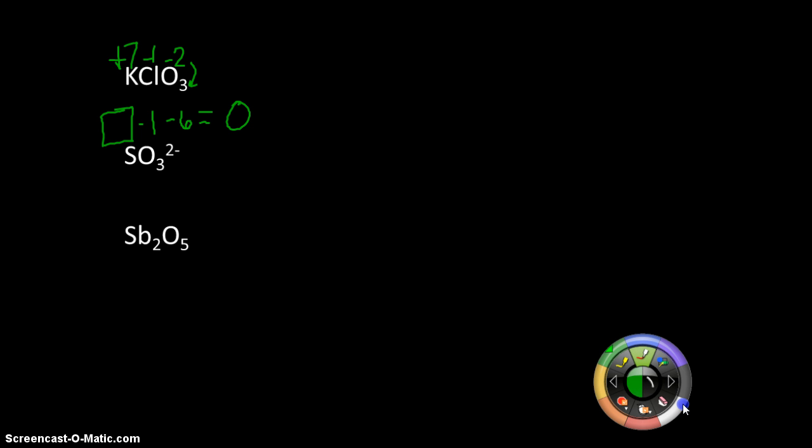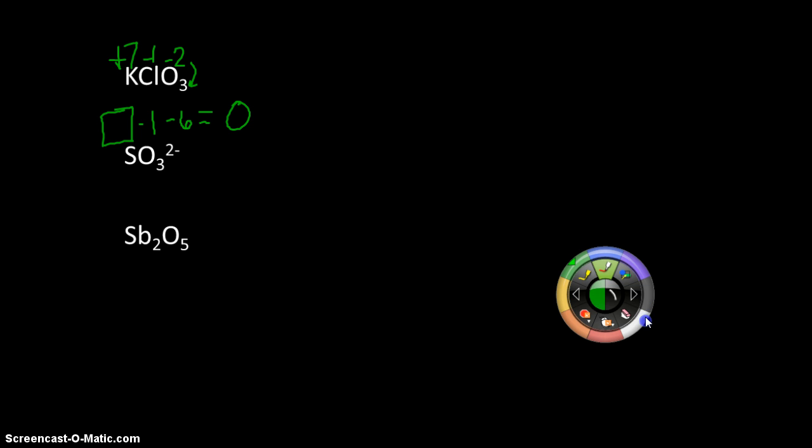So your next example is SO3 2-. So you're going to assign your most electronegative element what its charge is. In this case, that would be oxygen. So it will receive an oxidation number of -2. In this case, we are trying to get to negative 2 for our answer.